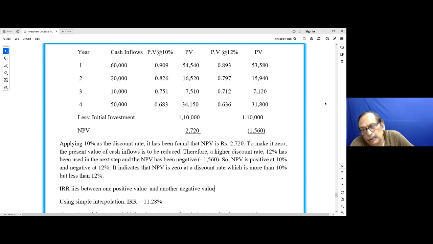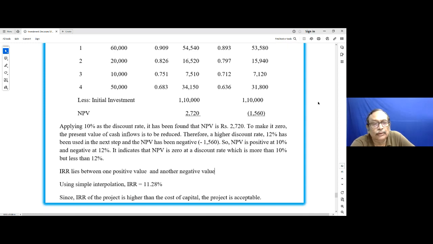So you have to make NPV equal to 0, because IRR lies between one positive value and one negative value. To make it 0, the present value of cash inflows is to be reduced. Therefore, a higher discount rate, 12%, has been used in the next step, and the NPV has been negative, that is 1560. So NPV is positive at 10% and negative at 12%.